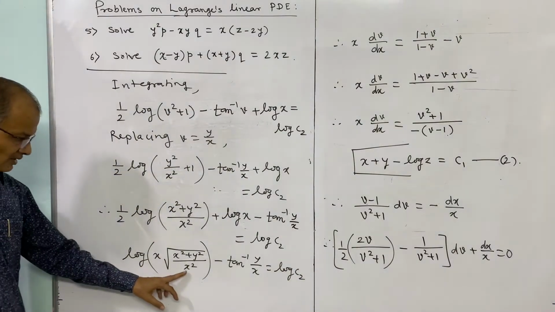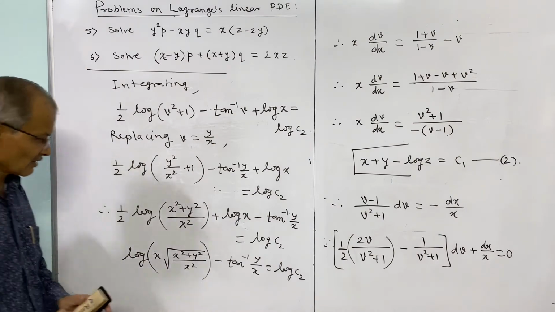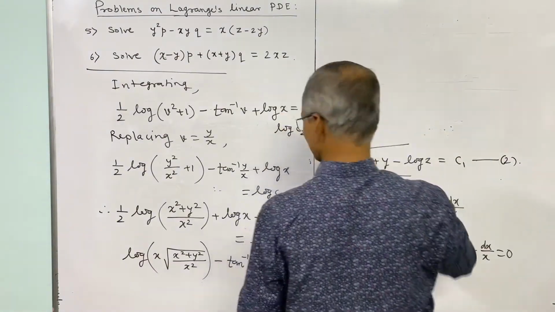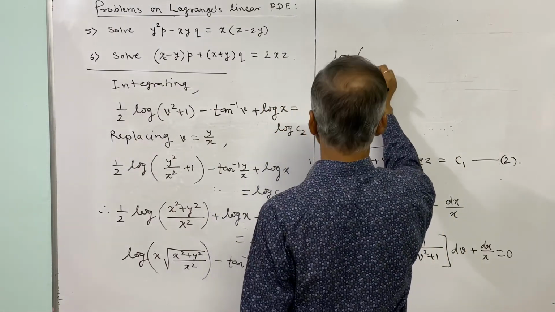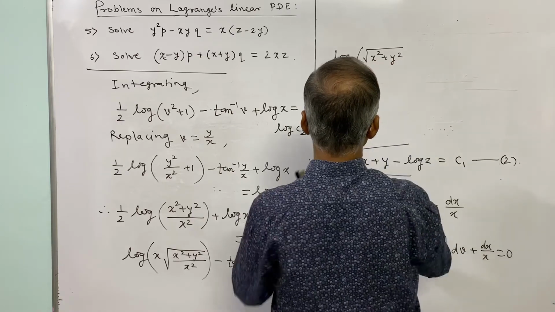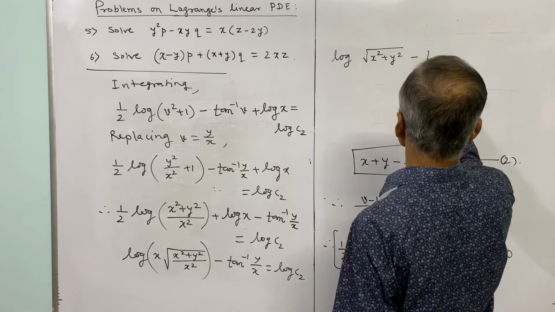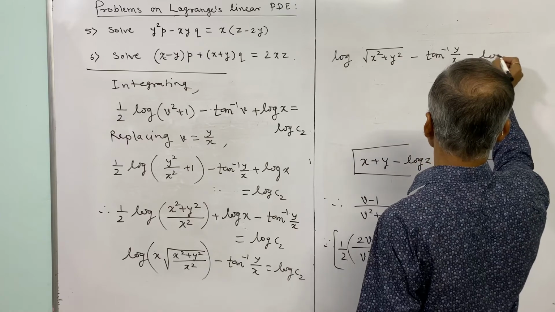We may observe that the root of x square is x, this x cancels with this, and it is log of the square root of x square plus y square, minus tan inverse of y upon x, is equal to log of c2.